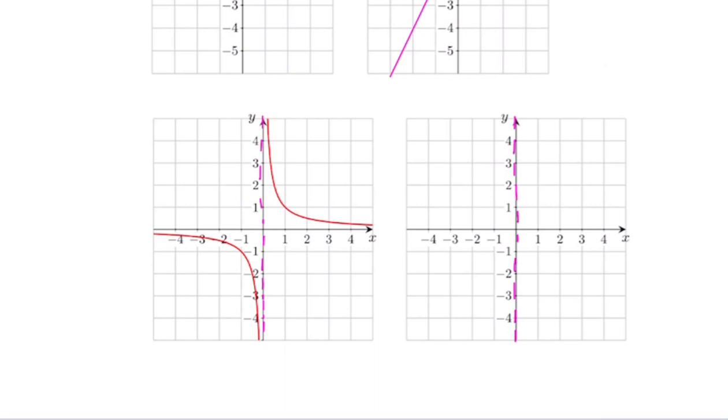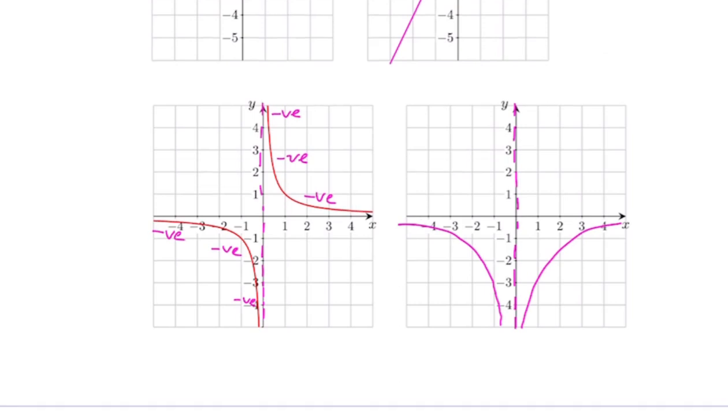You can see here that this is negative, negative, negative, and negative, negative. The gradient all the way along this graph is negative. So in other words, it's going to be underneath, but it's getting more and more negative. So we're going to get something that looks like this. Right. Okay, because it's all negative underneath.